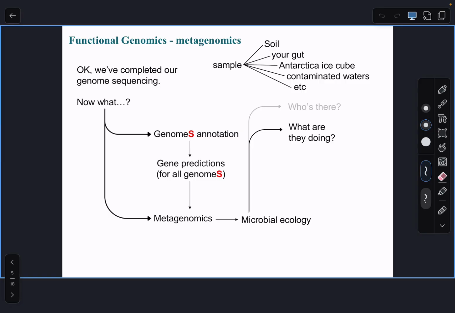And a typical case in point is enzymes with weird catalytic capabilities, right? So there may be some microorganisms that have the ability to reduce methane, for instance. And those enzymes that reduce methane tend to have structures that are kind of unique.